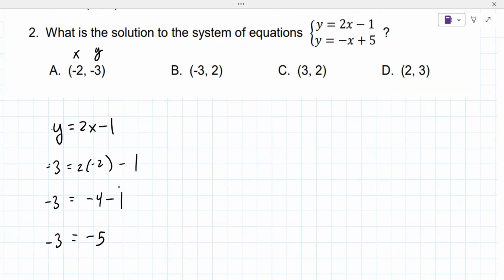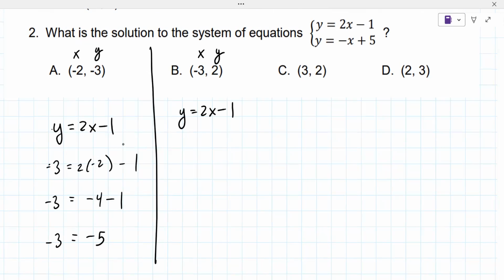Where are we getting -5 from? -4 minus 1. Oh. Is this true? No. So that answer is out. So now we're going to do the same thing for B. We're going to use the first equation, and put this in for x and this in for y.